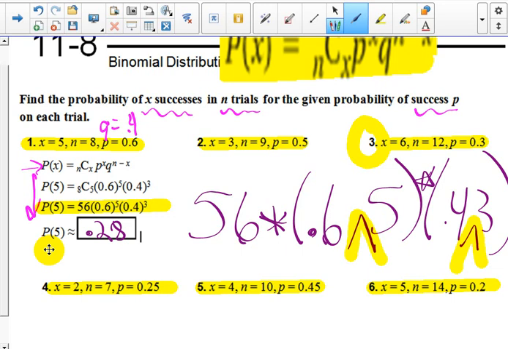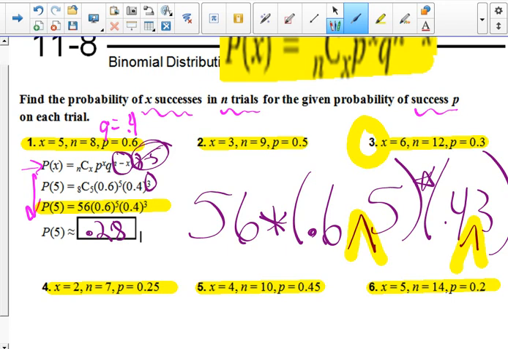Okay, so let's look. What is N? N is 8. Yeah, they just didn't show this. And X is what? So it's 8 minus 5, and 8 minus 5 is 3. They just didn't write that in. Okay, so does everybody see that? The question was, where did this subtraction go, the n minus x?